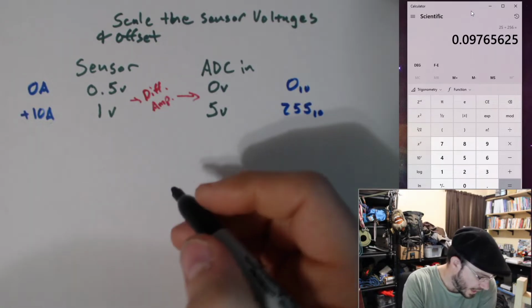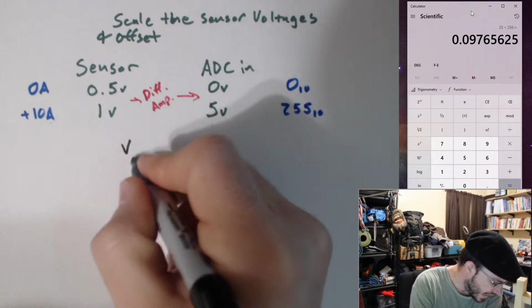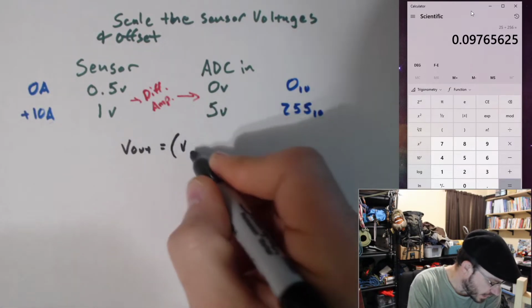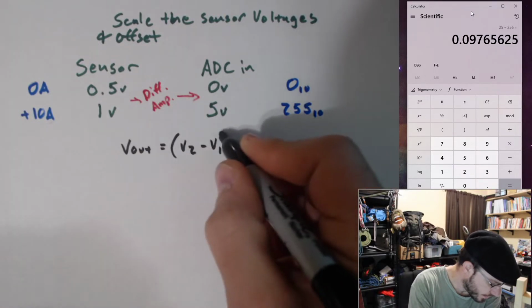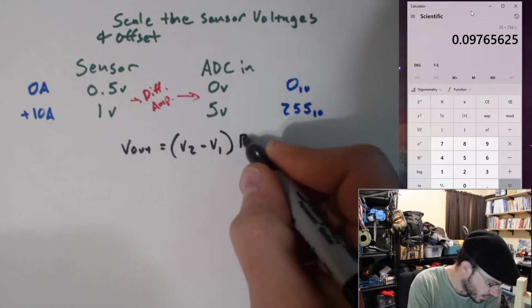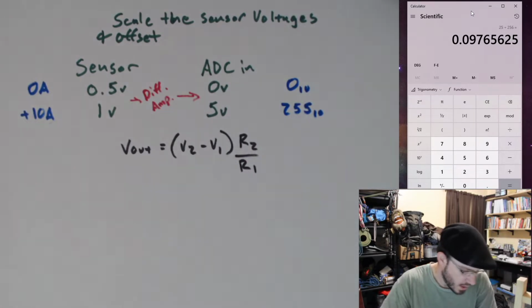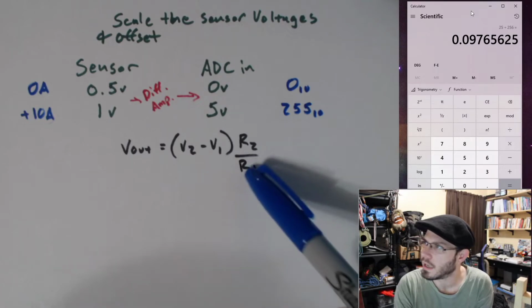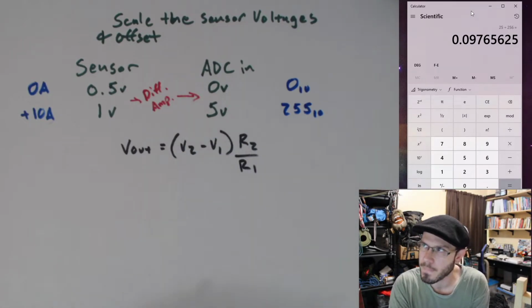So let's say our differential amplifier equation is V out is equal to V2 minus V1 times R2 divided by R1. And I can further break this down into R2 divided by R1 is our gain, and this is our differential voltage input.